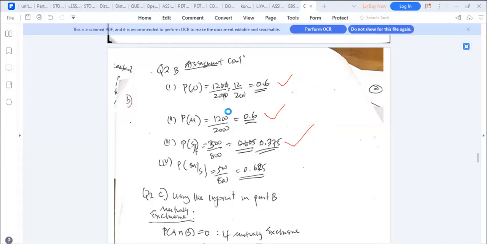Now, part B is interesting because it's asking us to find whether the events male and female are mutually exclusive. If you see the diagram, you have male and female on one side. They don't meet anywhere. They're all parallel in the same line.